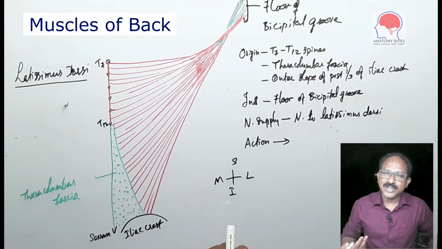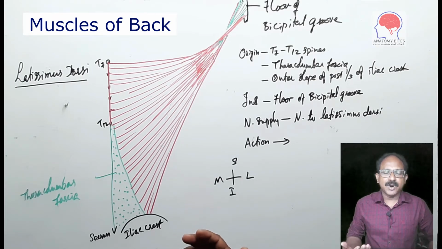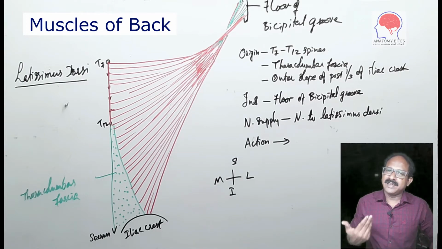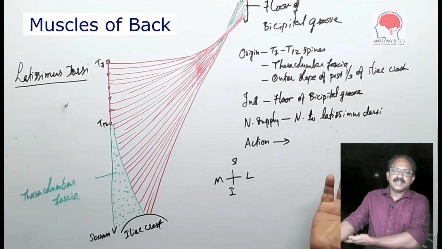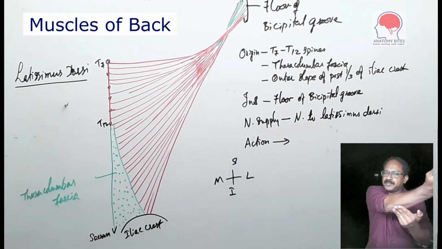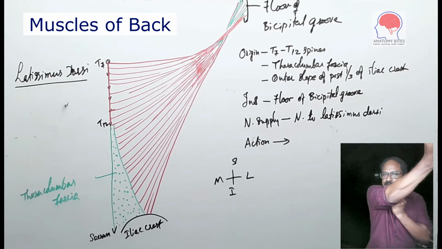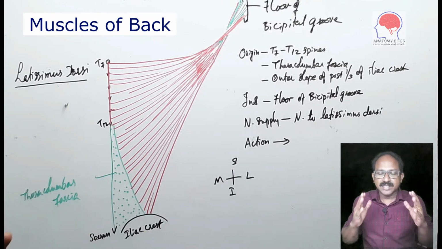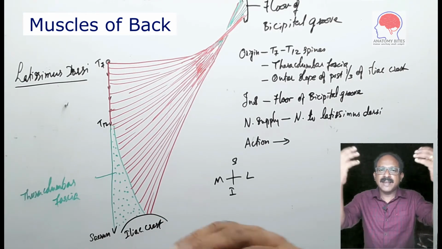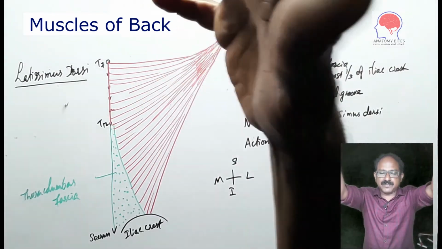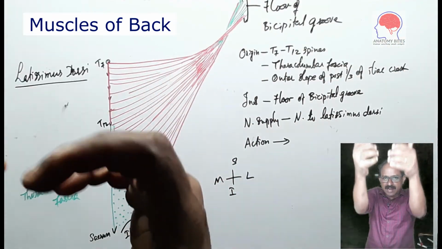When you consider the action of the latissimus dorsi, it is a powerful extensor muscle of the shoulder joint, especially when the shoulder joint is flexed. This movement shows the flexion of the shoulder joint, and the latissimus dorsi pulls in that direction from behind, so it moves backwards. This is one most important muscle which helps in a climbing action, like an individual climbing a tree, when they grab the tree and push back.